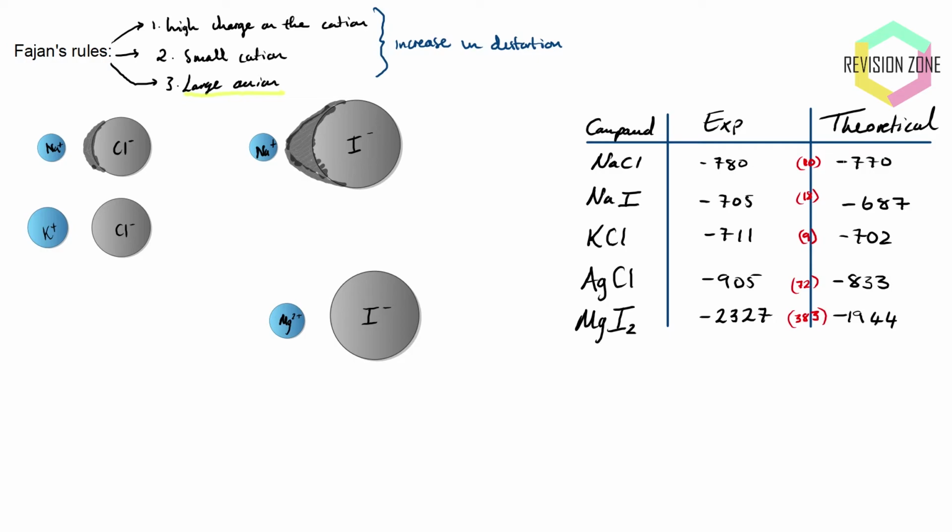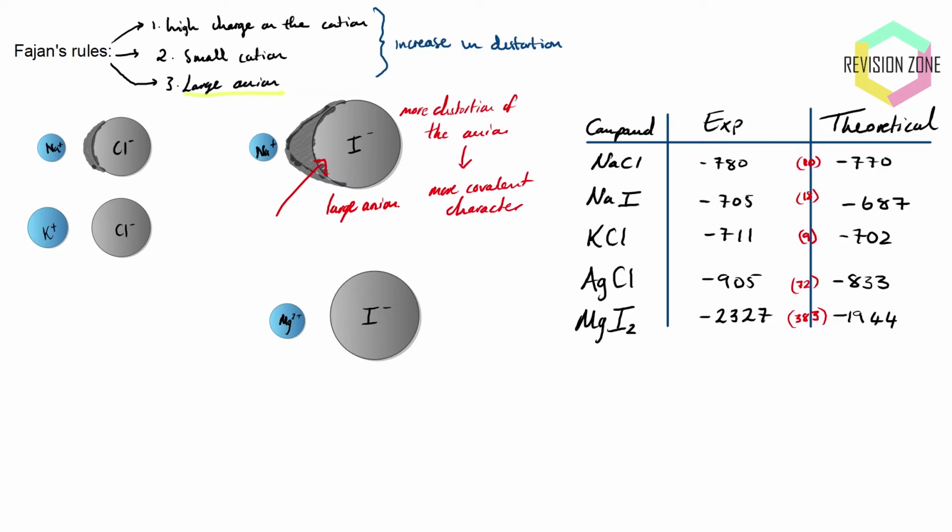Okay. More distortion means more covalent character. That is something worth remembering. So I've just written that here. More distortion of the anion leads to more covalent character. And we can see that from this distortion of the iodide ion. And that again is because the iodide ion is a large anion, and the electron density is held less strongly by the nucleus.